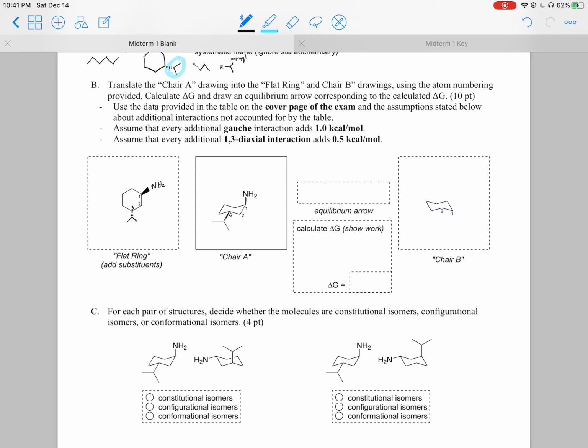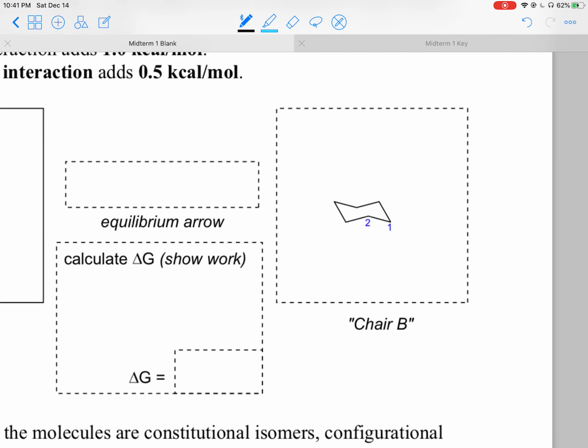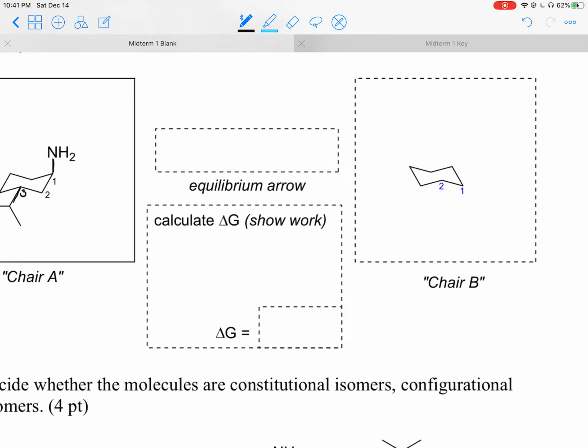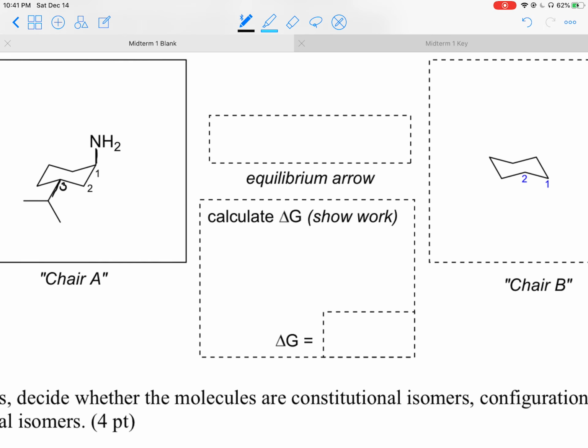We can't figure out the equilibrium arrow until we've calculated delta G. Oh, actually, that's not necessarily true. Well, we have to draw the substituents on chair B, and then let's see if we can figure it out. If not, we have to calculate delta G first. And negative delta G is favorable.